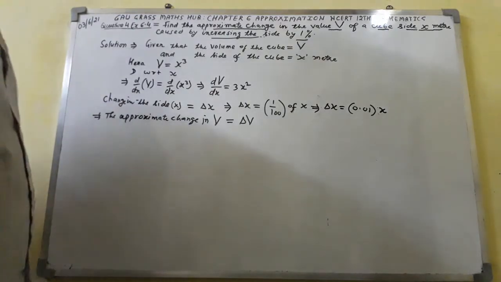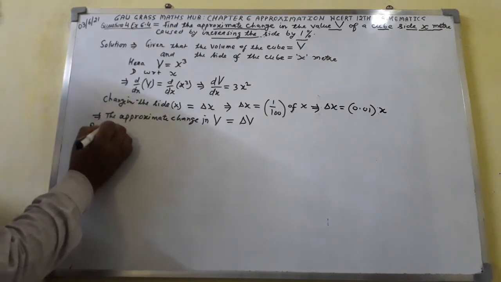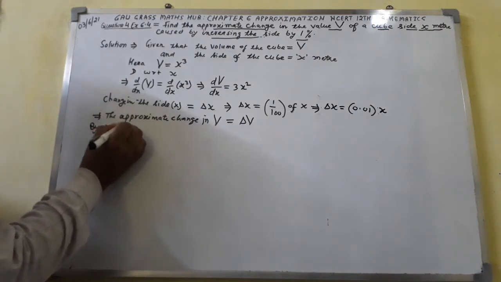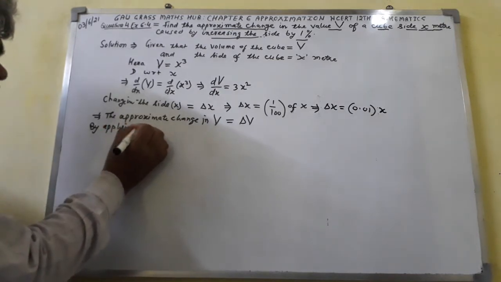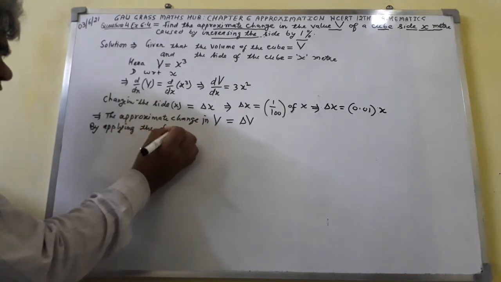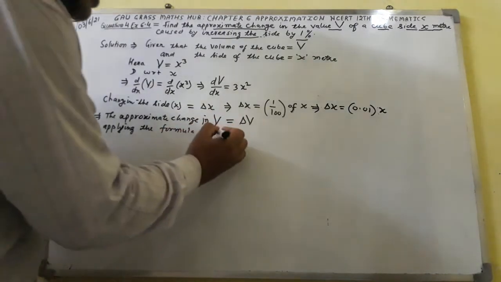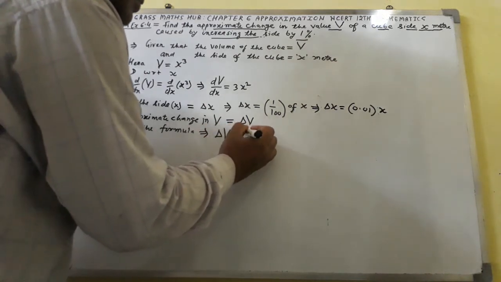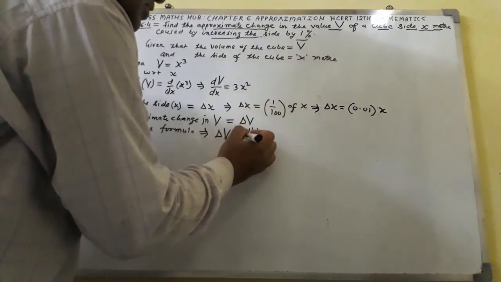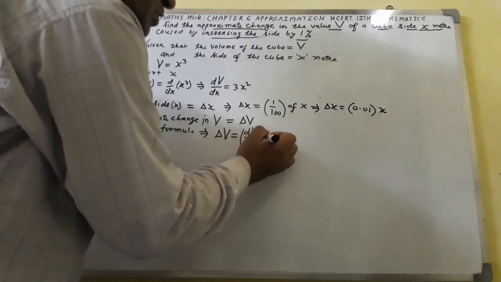By applying the formula, delta V is equal to dV over dx dot delta x.